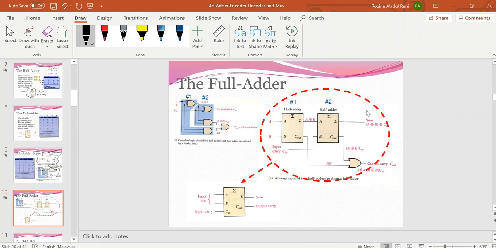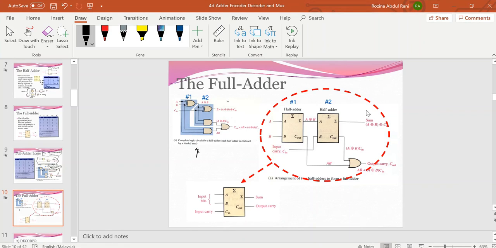So for the full adder circuit, this is how the logic circuit looks like. If you combine two half adder circuits, this full adder logic circuit can be represented by using a symbol or schematic block diagram.